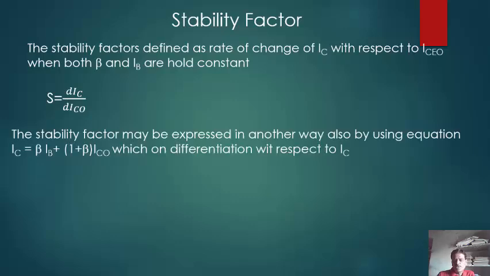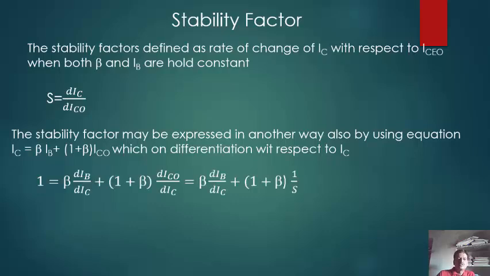The stability factor may be expressed in another way by using this equation: IC is equal to beta times IB plus (1 plus beta) into ICO. If we differentiate this equation with respect to IC, then we get dIC divided by dIC equal to 1, which is beta into dIB divided by dIC plus (1 plus beta) into dICO divided by dIC.